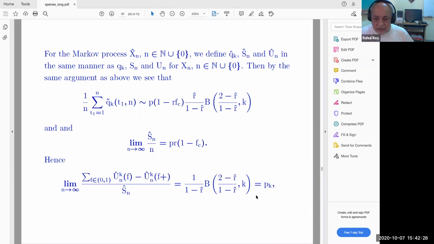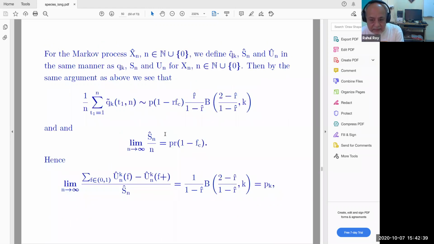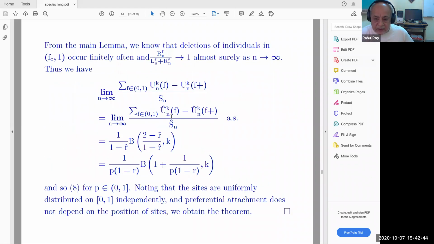And now if we plug in the value of R hat, remember R hat is exactly this P R times (1 minus Fc). If we plug in the value of R hat, and also from the main lemma, what we have is that as n goes to infinity, the total population is concentrated just on the right side, asymptotically almost surely.